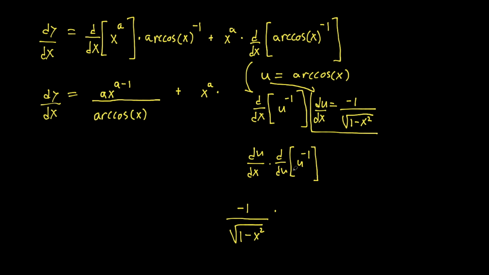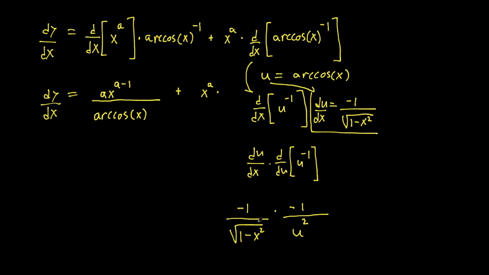Times the derivative of u to the negative 1 with respect to u, which is going to be negative 1 times u to the negative 2. And let's just put that in the denominator right off the bat. So we have over u to the negative 2 is equal to 1 over u squared. So there you go.